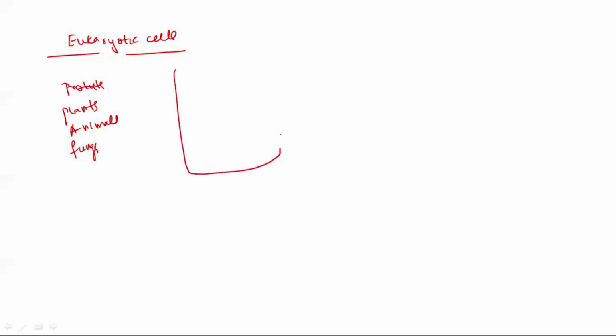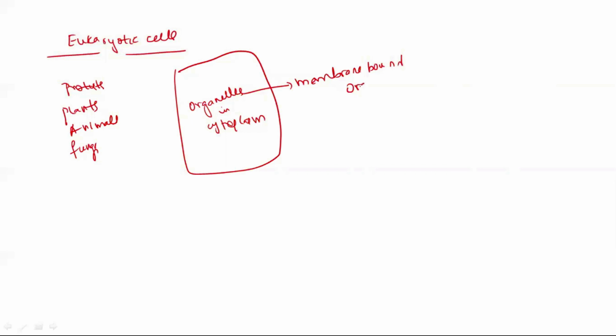What does that line from your NCERT mean? There are a lot of compartments, meaning there are a lot of cell organelles in the cytoplasm, and they are membrane bound organelles.